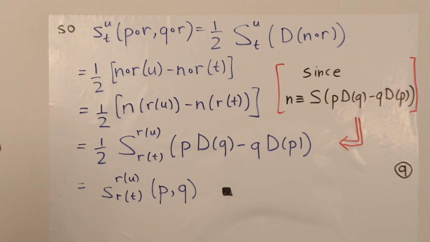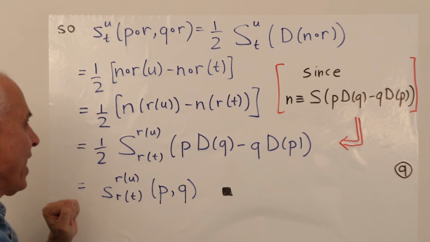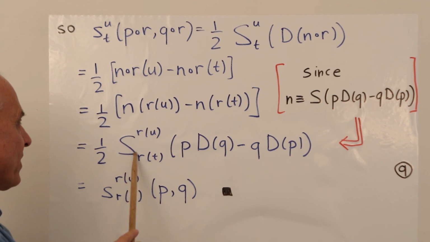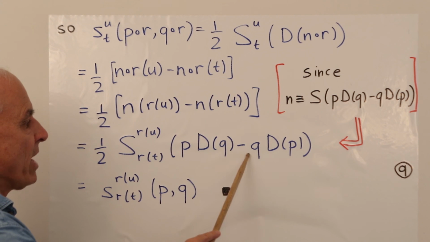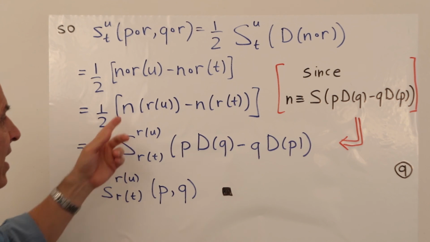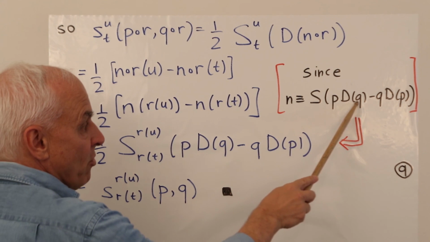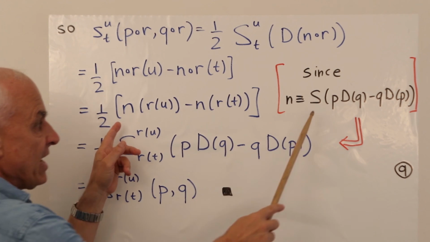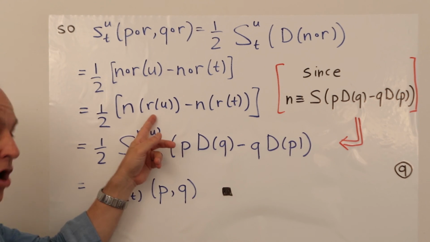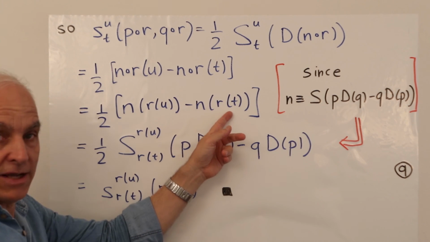Now we're going to rewrite this as 1/2 of capital S from r of t to r of u of p dq minus q dp. Because what is n? Well, n was the integral of p dq minus q dp. That's what n is. So we're taking this thing and evaluating it at r of u, and we're subtracting the value of this at r of t.